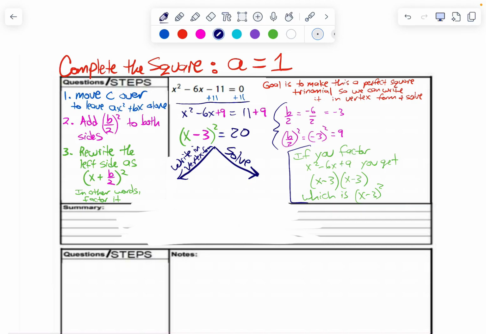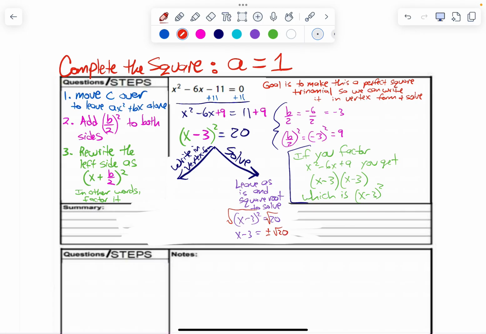If you're solving, you just leave it this way and you square root. So to solve, leave as is and square root to solve. Okay, so that would look like this. X minus 3 whole thing squared equals 20. Let's square root both sides. And we'll get x minus 3 equals square root of 20, but plus or minus.